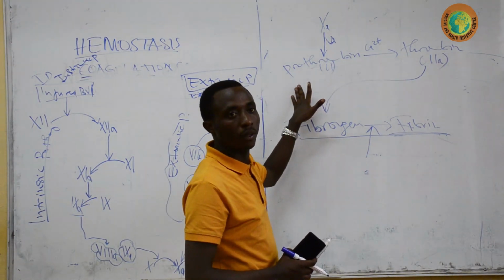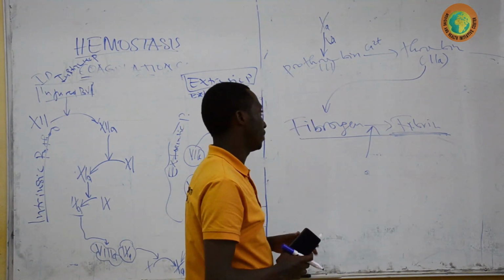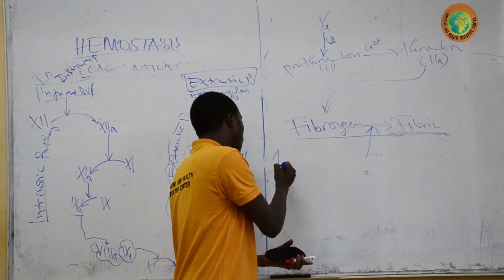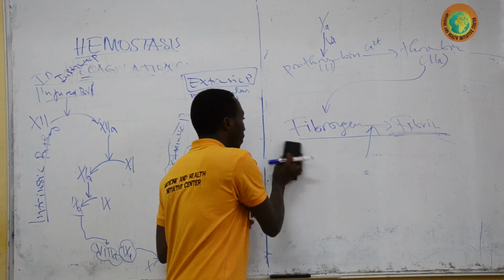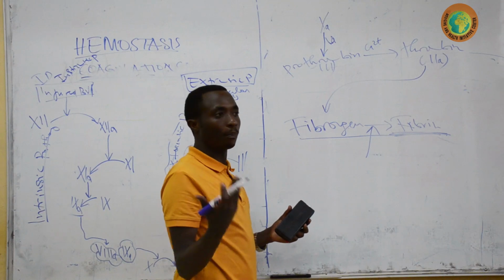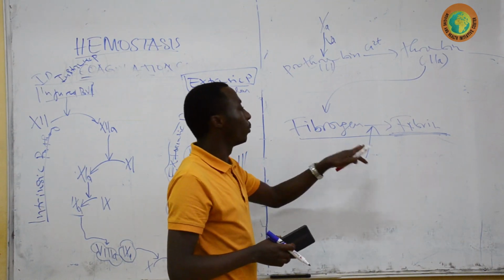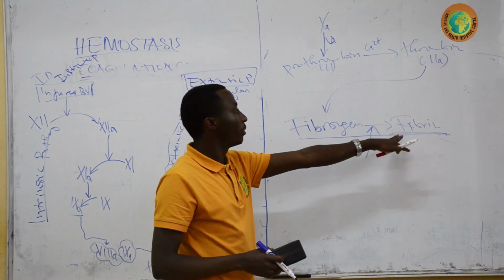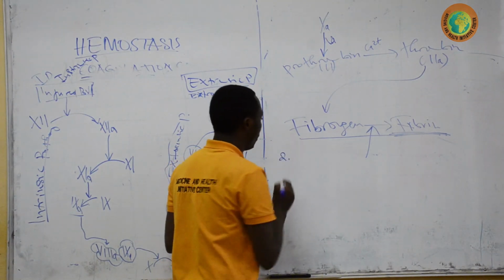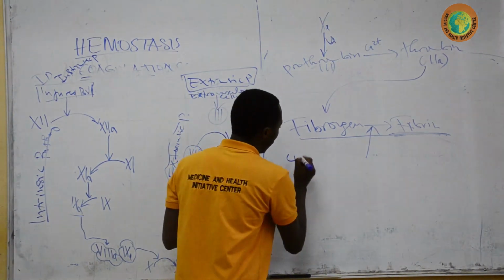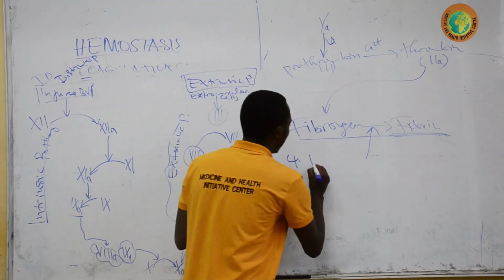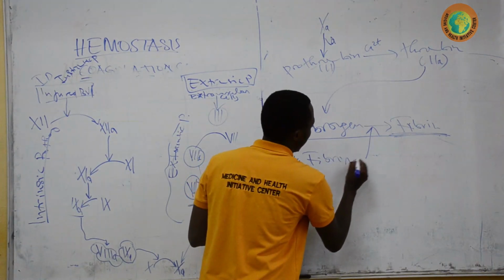As I've said, the coagulation cascade starts with the recruitment of clotting factors, from the liver and the platelets, and then ends with the formation of fibrin. The last step, the fourth step of hemostasis, is what we call fibrinolysis.